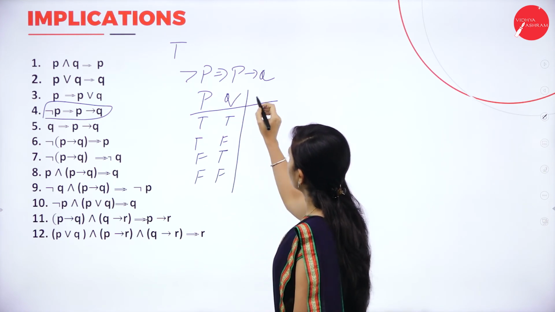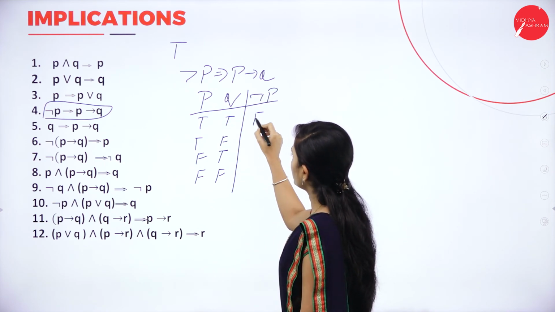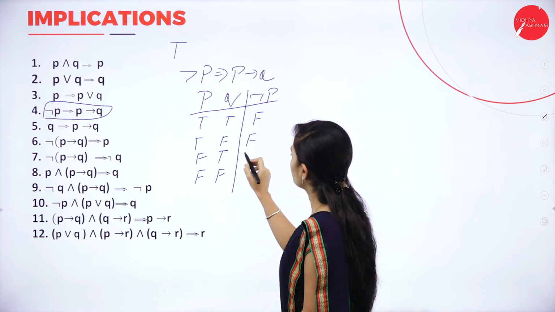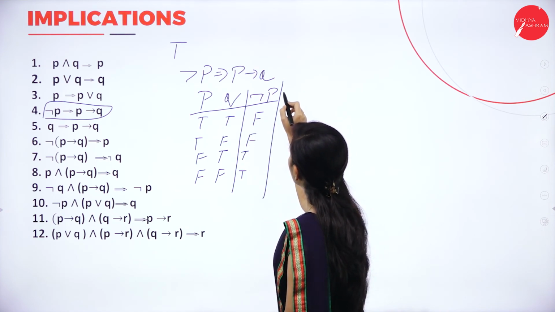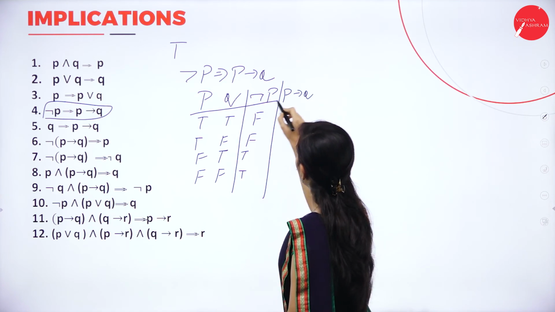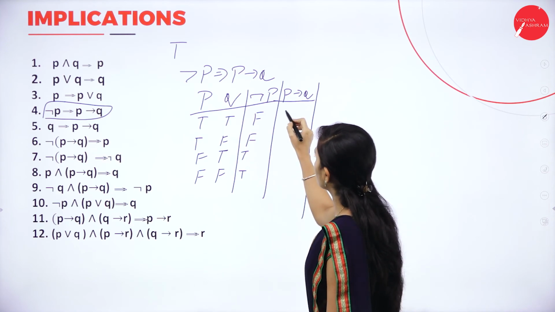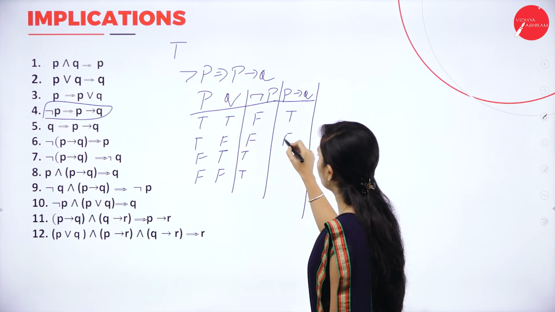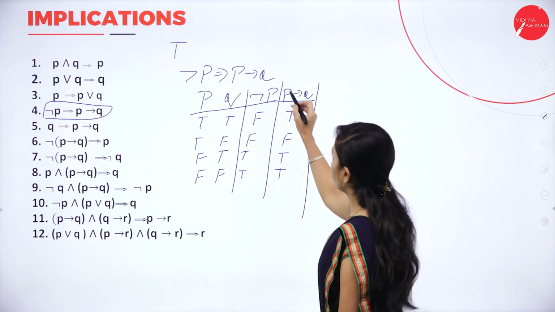So first I will find out negation P. What is negation P? True changes to false, true to false, false to true, false to true. And P implies Q. P implies Q means true, true is true, true, false only false, false, true is true, false, false is true.